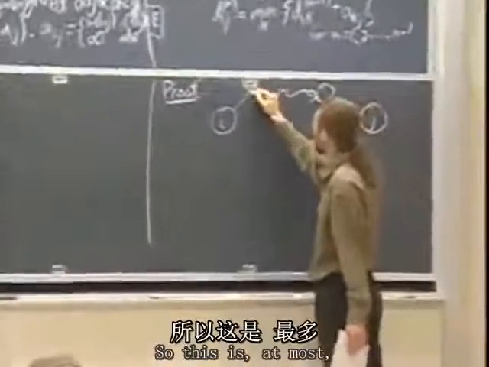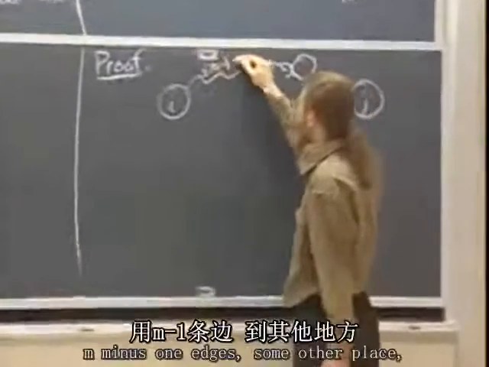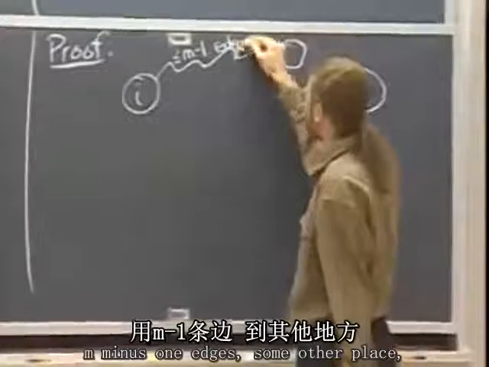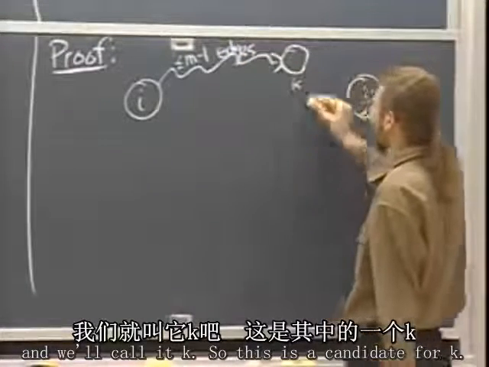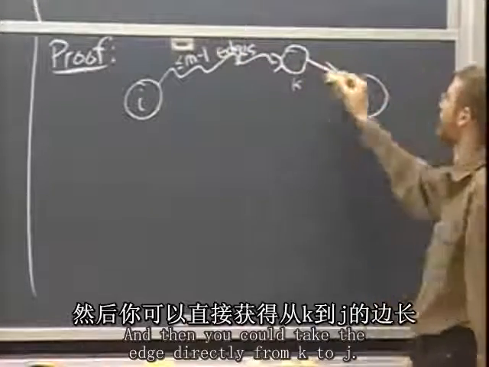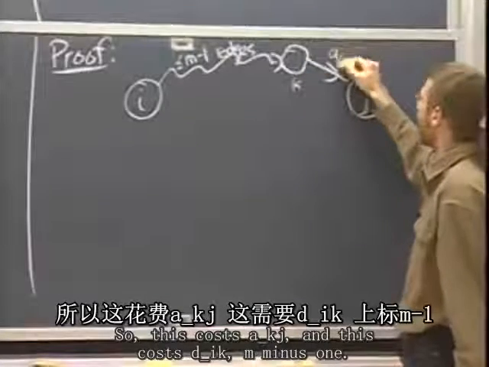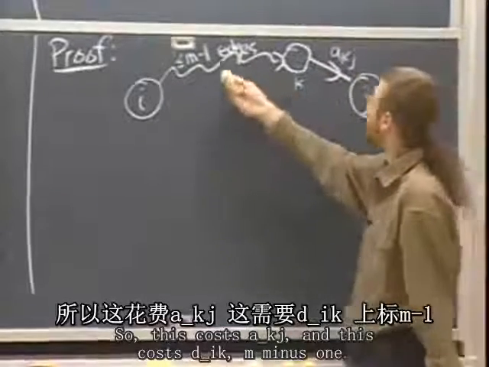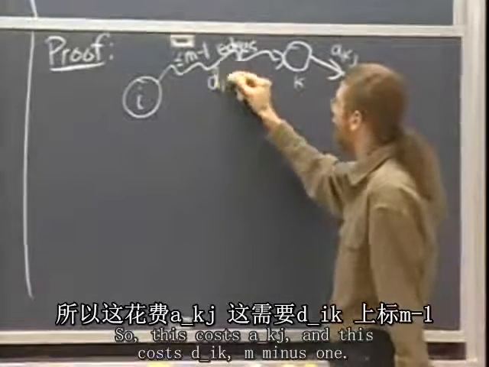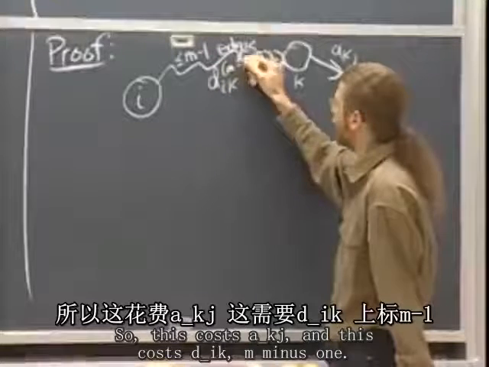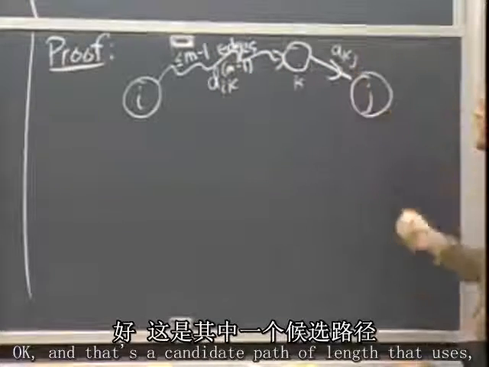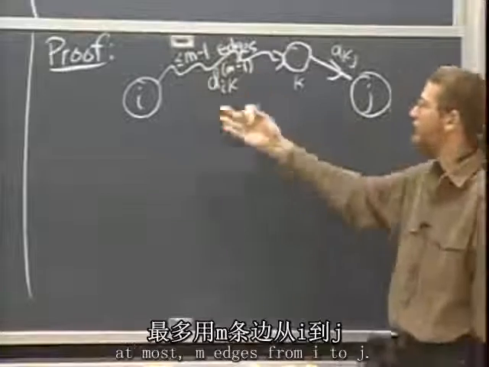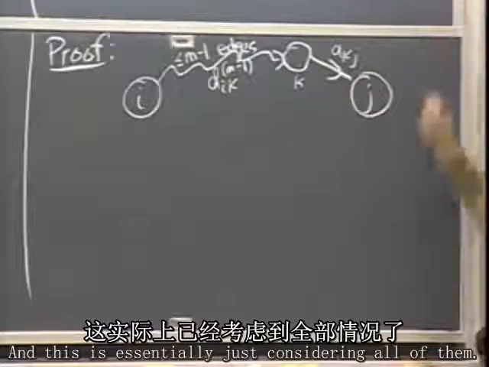So this is at most m minus 1 edges. Some other place, and we'll call it k. So this is a candidate for k. And then you could take the edge directly from k to j. So this costs a k j, and this costs d i k m minus 1. Okay, and that's a candidate path that uses at most m edges from i to j, and this is essentially just considering all of them.